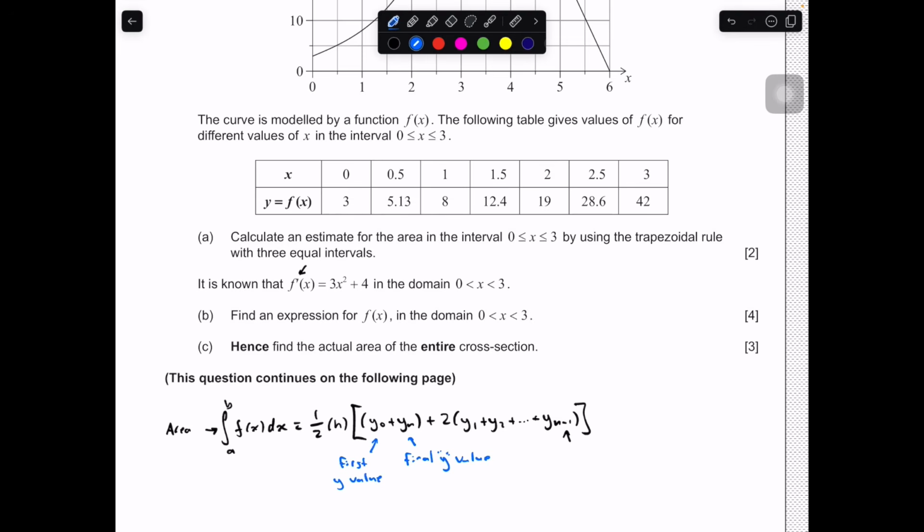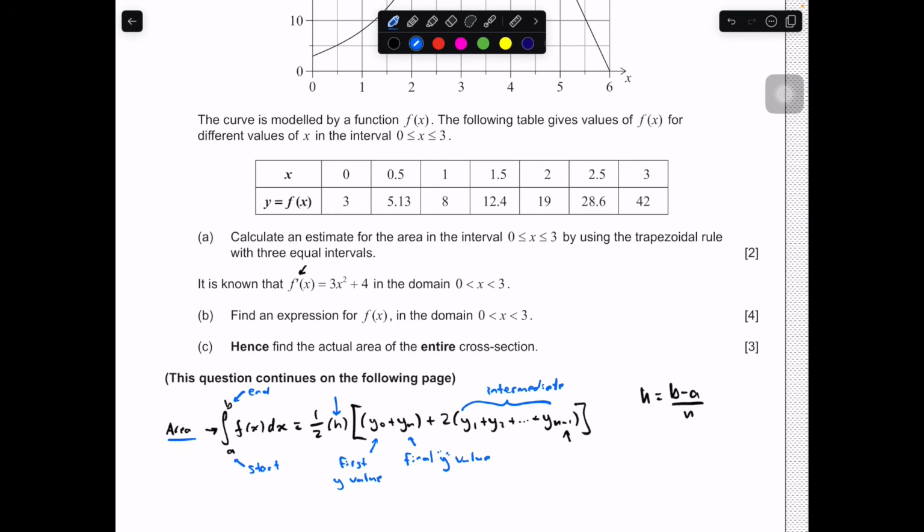and these of course are our intermediate y values. And then we have this other variable here, h, and in the formula booklet they give us h is equal to b minus a over n.